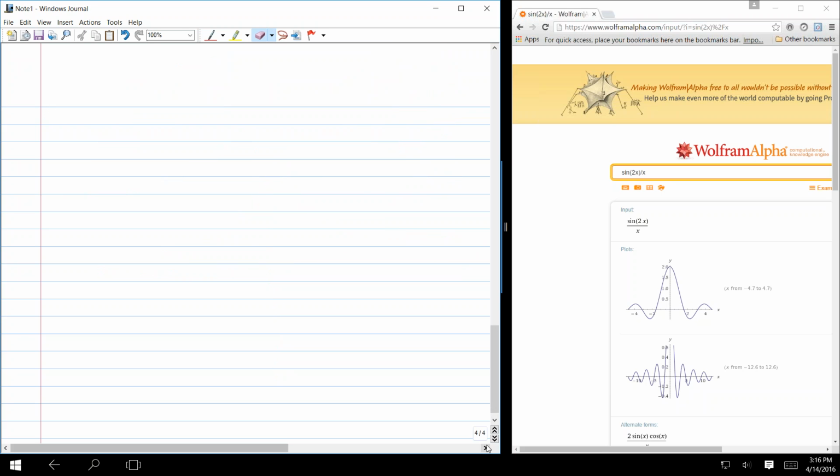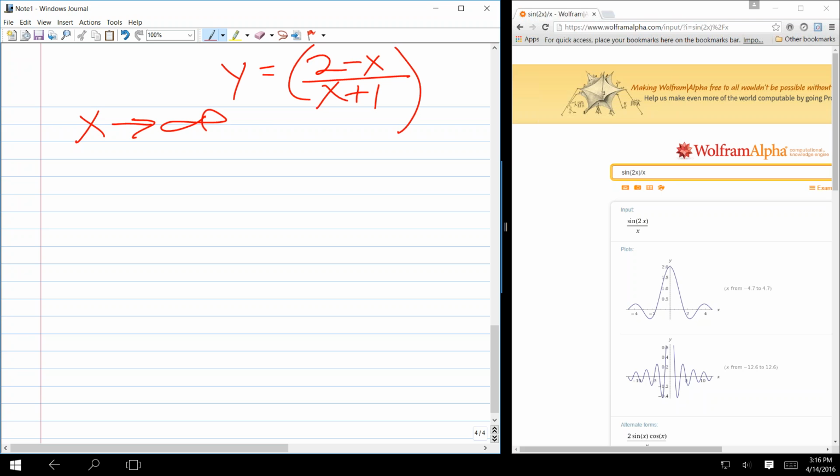Okay, so find the limit as x goes to positive infinity and the limit as x goes to negative infinity of y equals, in parentheses, 2 minus x over x plus 1, and then another set of parentheses, x squared over x plus x squared.